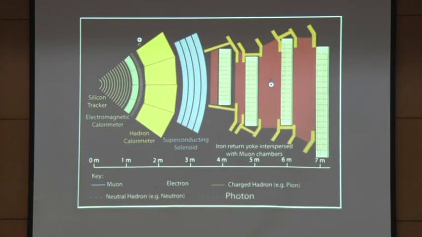Now you have the photon. What do you expect? It has to deposit all its energy over here, and that's what you see. There won't be any trajectory here. These are the stable particles that we can detect in the detector, and through these characteristics you can tell that this is a photon, this is a charged hadron, and so on.